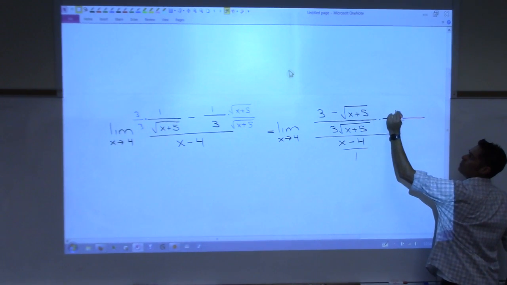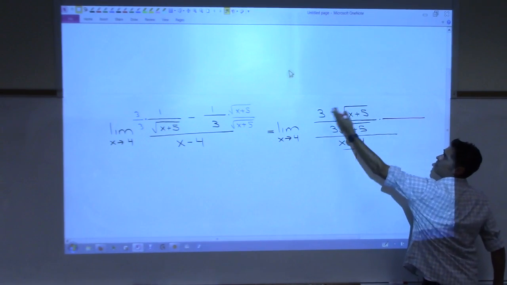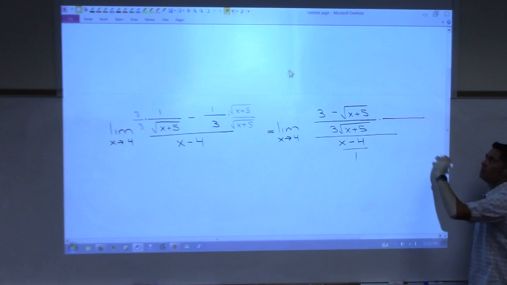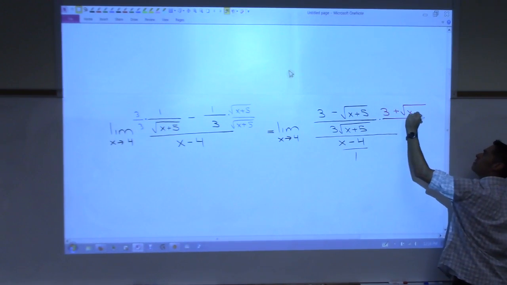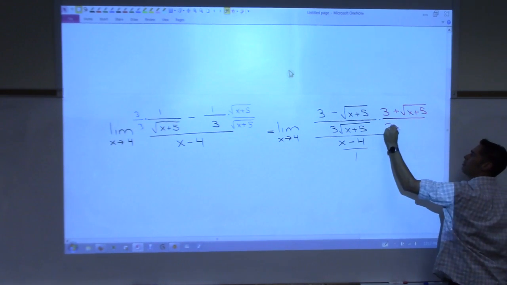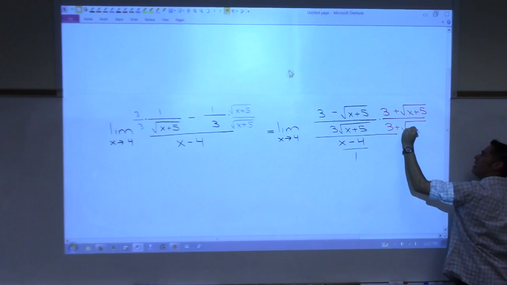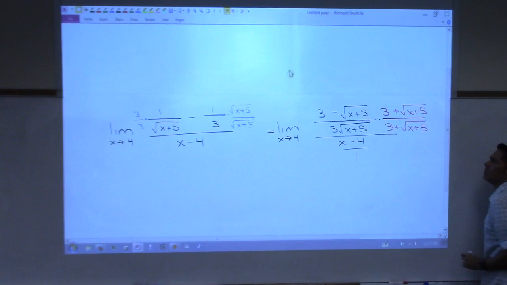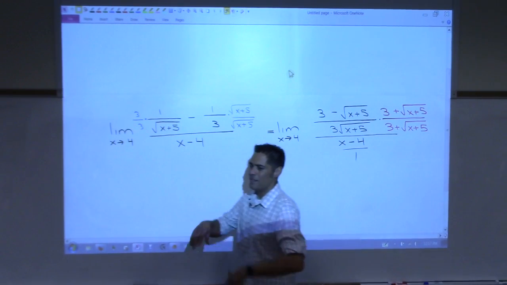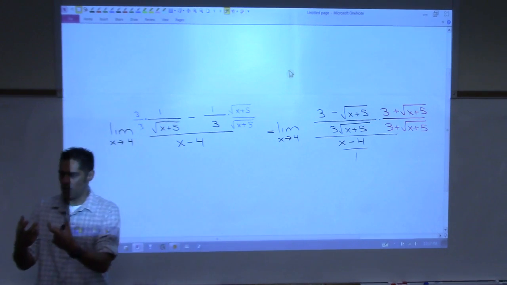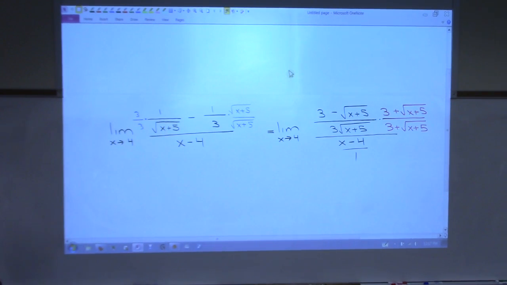Just rewrite this exactly the way it is and change the sign between them. Good. 3 plus root x plus 5. And then here, 3 plus root x plus 5 again. See, the conjugate of 2 terms is the same 2 terms, changing the sign between them. That's all it is.